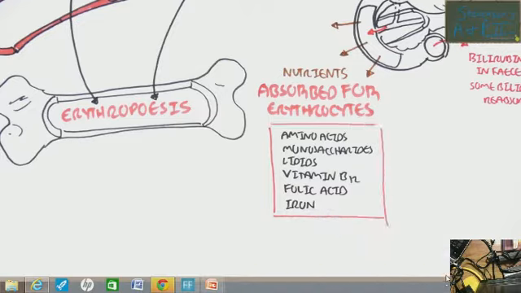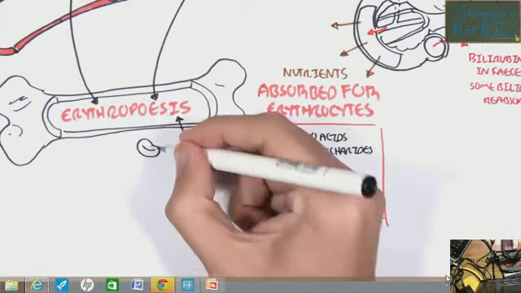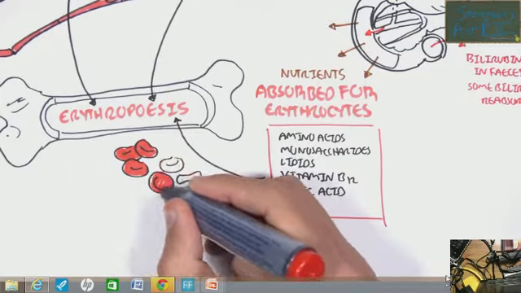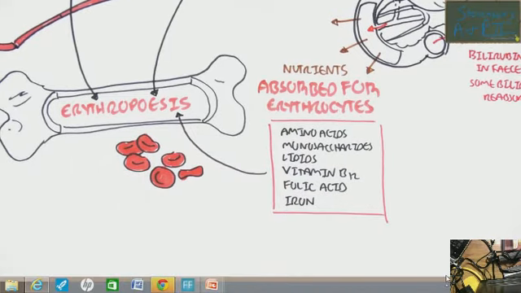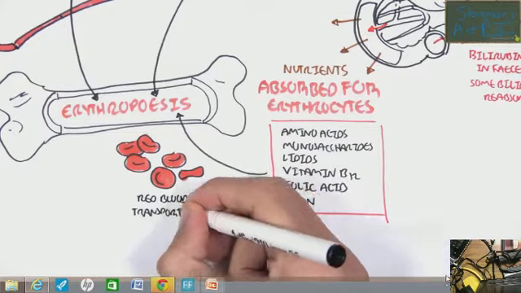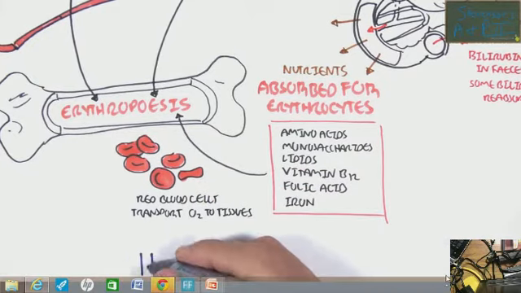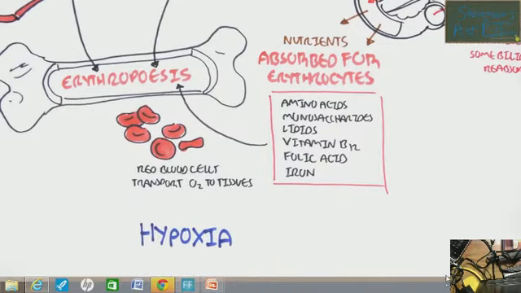And all these are used in erythropoiesis because we need these to make red blood cells. And as I mentioned, the main function of red blood cells is to transport oxygen to tissues.